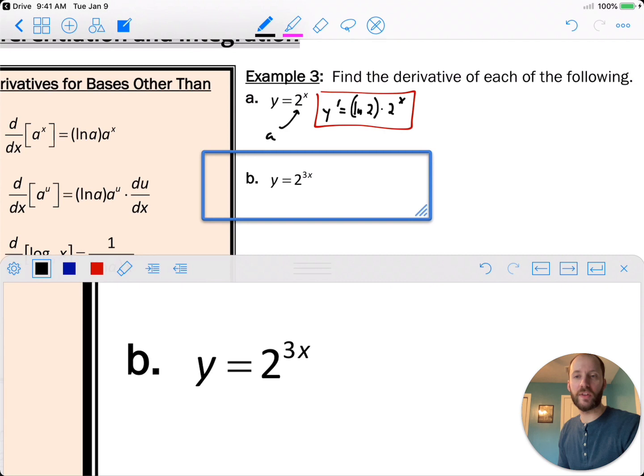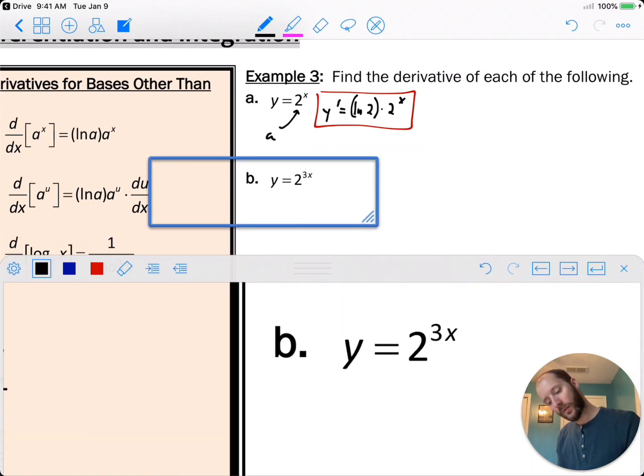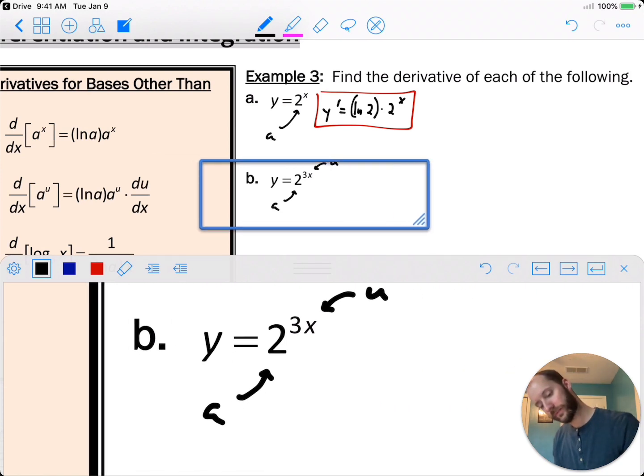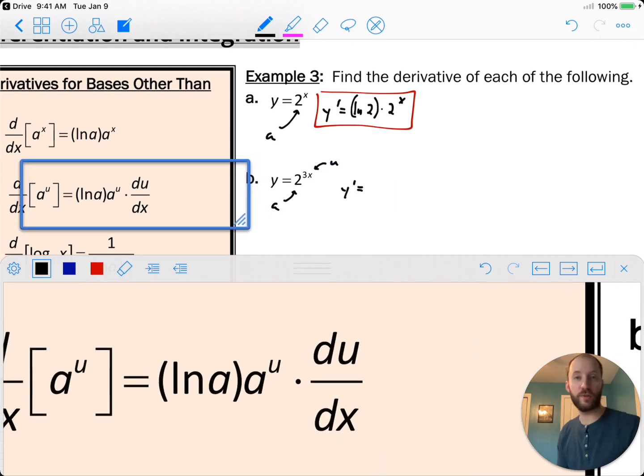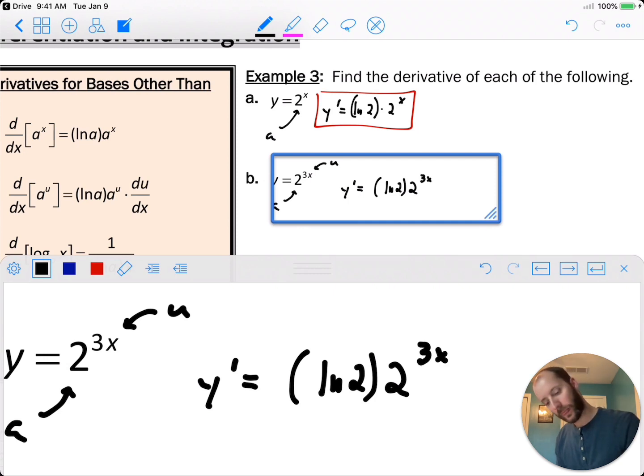y equals 2 to the 3x, so kind of looking here at a chain rule problem. We have 2, that's a, and 3x, the inside, that's u. So figuring out from this rule: ln of a, so ln of 2, times 2 to the u, so 3x, times u prime, the derivative of u. So there we go.